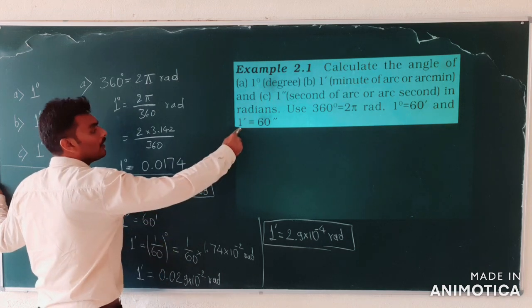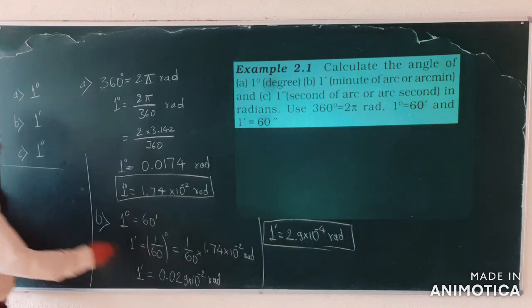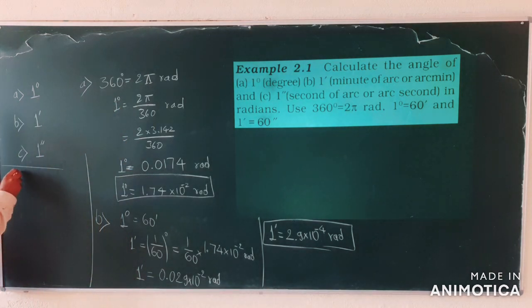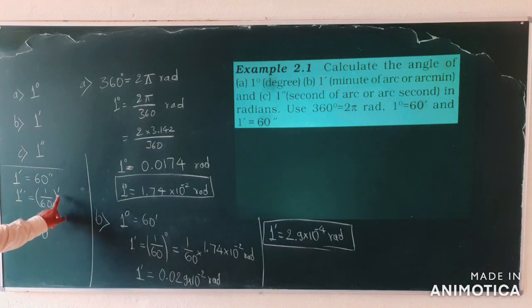Okay. 1 arc minute is equal to 60 arc seconds. That is what is given, and that is the conversion. 1 arc minute is equal to 60 arc seconds, which makes 1 arc second, shift the LHS and RHS. 1 arc second is equal to 1 by 60 arc minutes, isn't it? So, 1 by 60, what is 1 arc minute equal to?